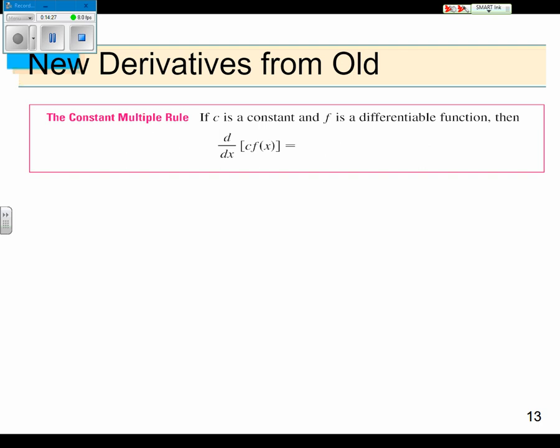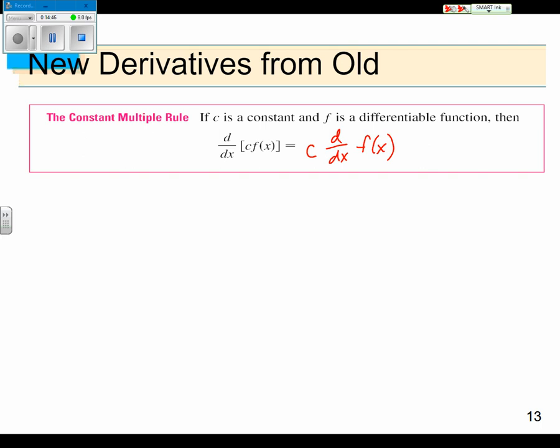All right, the constant multiple rule says that if I'm taking the derivative and I have a constant in front of my function, I can pull that constant out in front of my derivative and just take the derivative of that function.